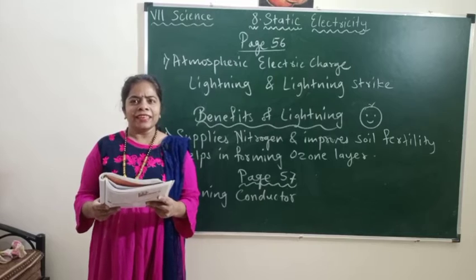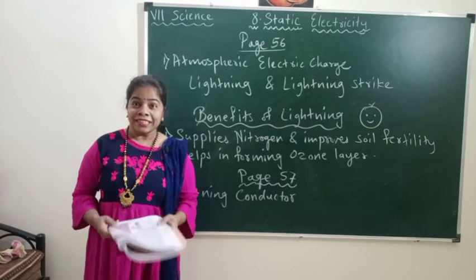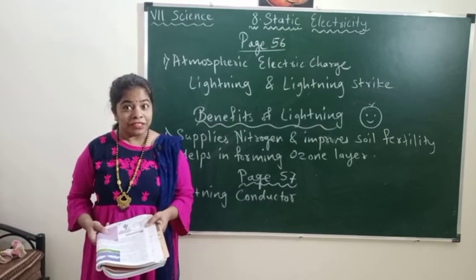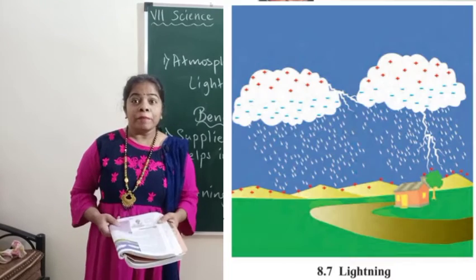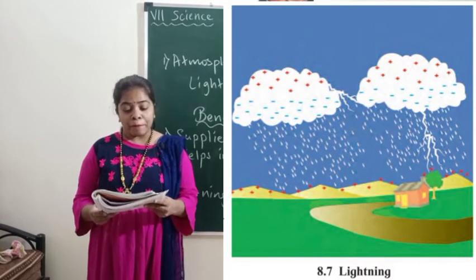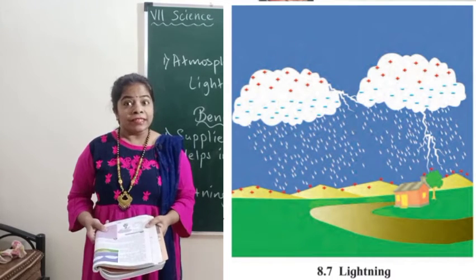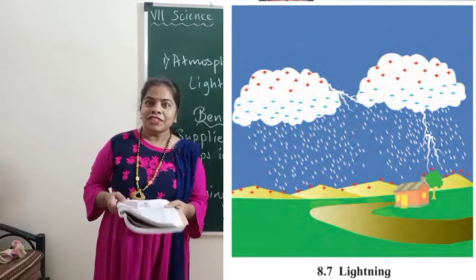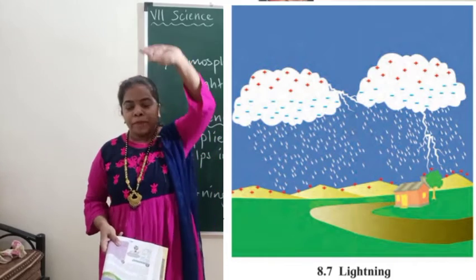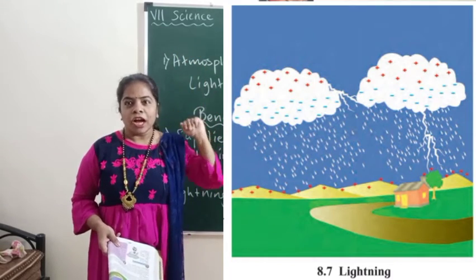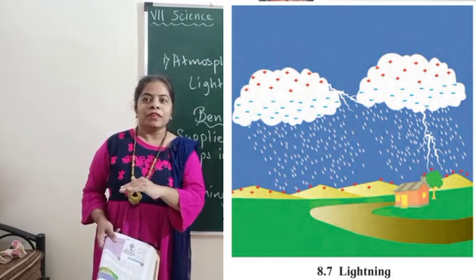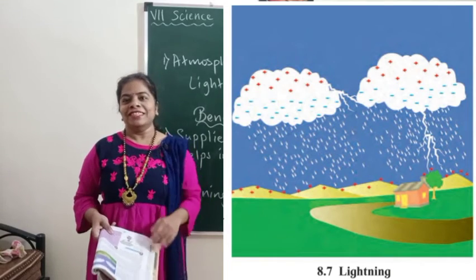When air and clouds rub against each other, the upper part of some clouds becomes positively charged and the lower side becomes negatively charged.